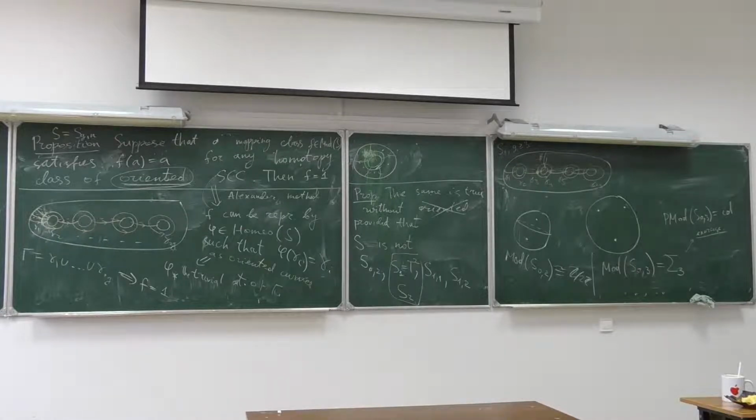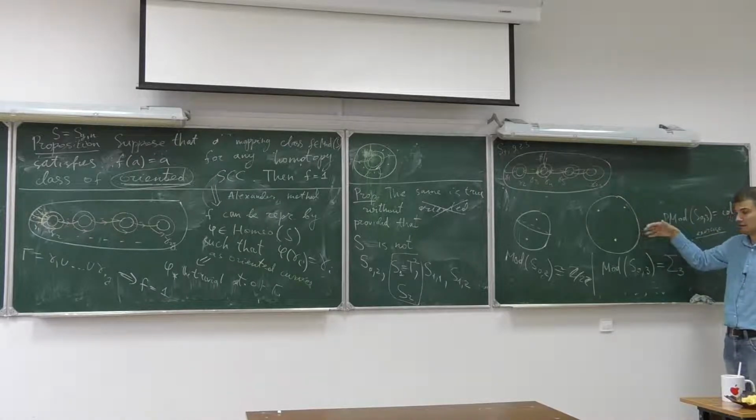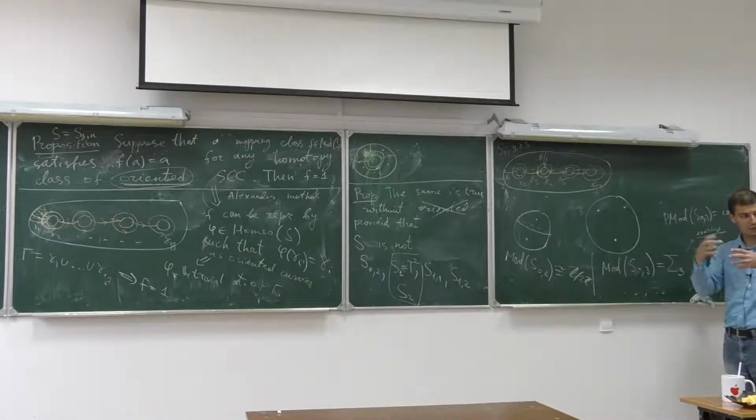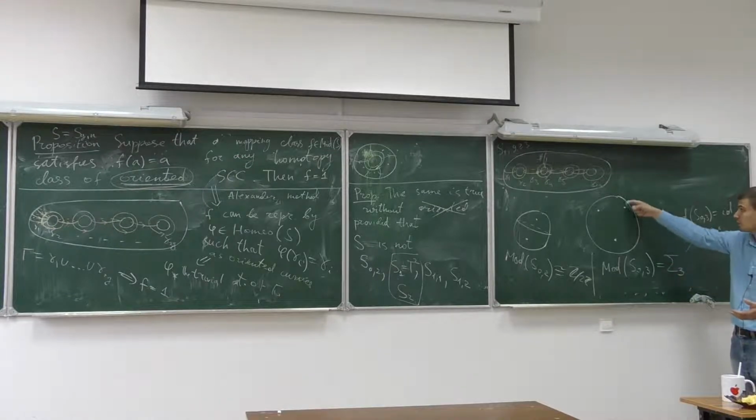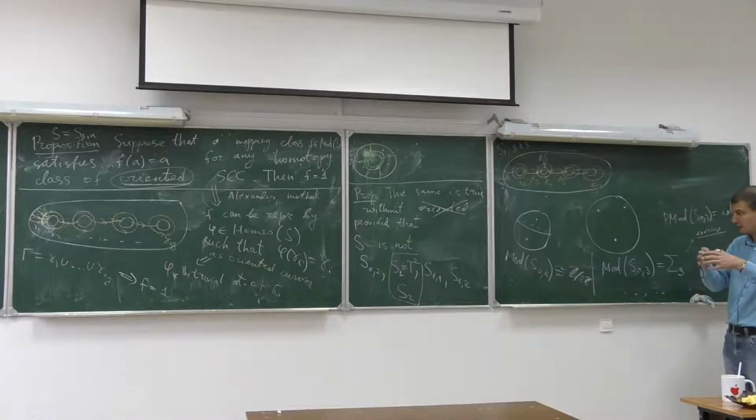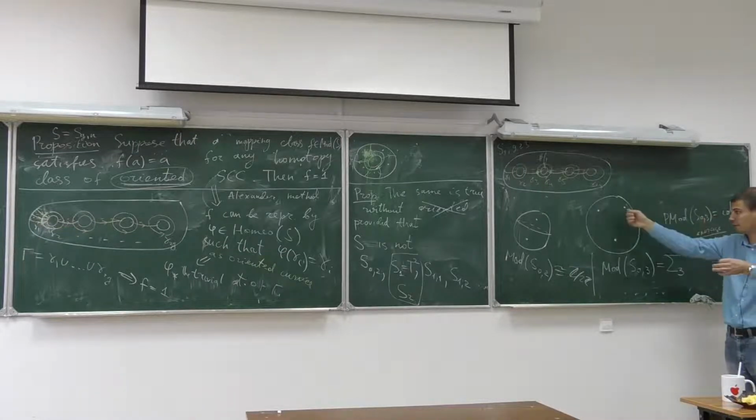So up to isotopy, we have only 3 simple closed curves here. Every curve separates this sphere with 3 punctures into 2 components. One of them is a 1 puncture disk and another is a 2 puncture disk. And 1 puncture disk means that any simple closed curve there has an isotopy taking it to a neighborhood of a puncture.